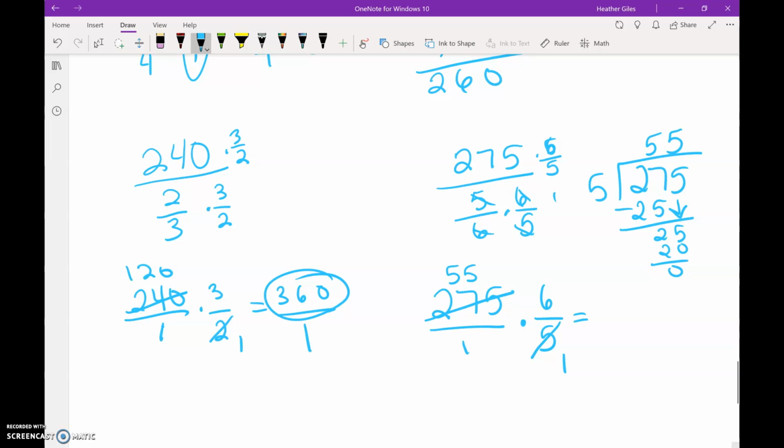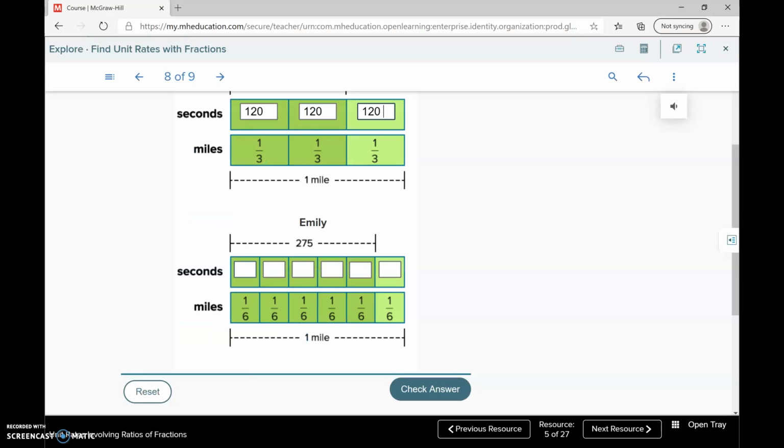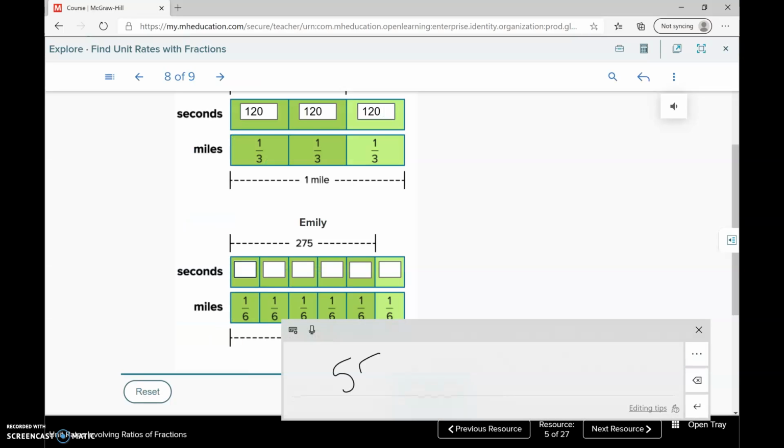Multiply straight across. 6 times 5 is 30. Carry my 3, 330 over 1. I bet it takes 330 seconds for Emily to run the full race and 55 seconds per 1/6 of a mile.